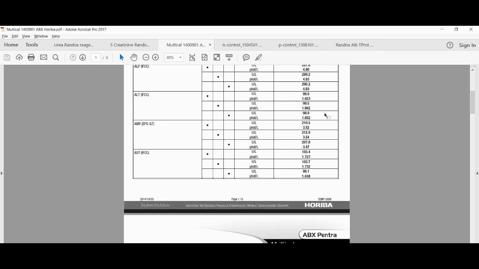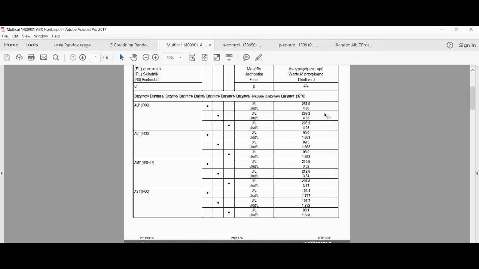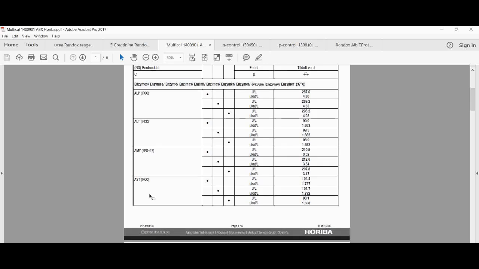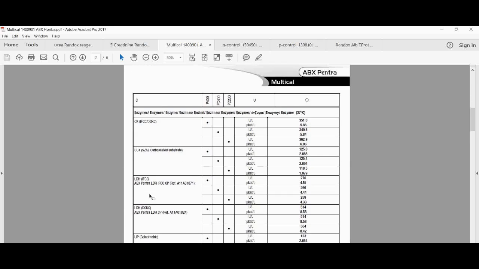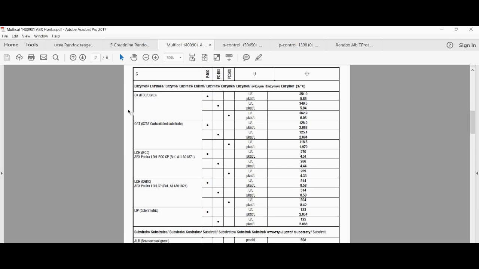So this multi-cal has got multiple analytes inside this sample. You can use it as a calibrator for alkaline phosphatase, ALT, amylase, AST. You can use it as a calibrator for CK, gamma GT, LDH.